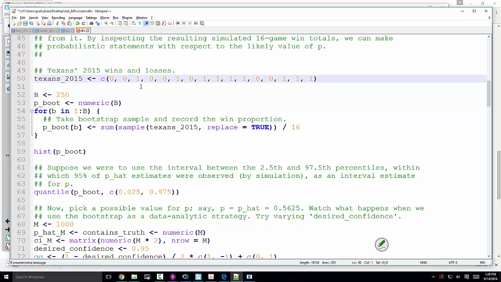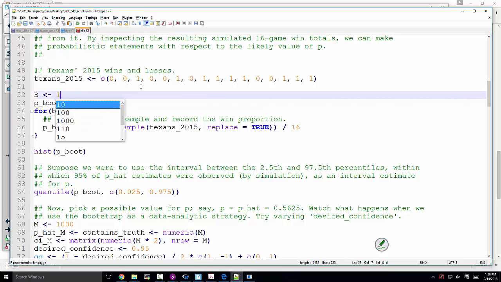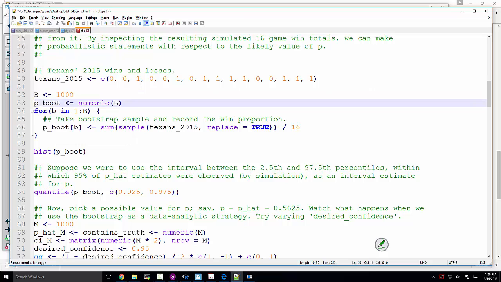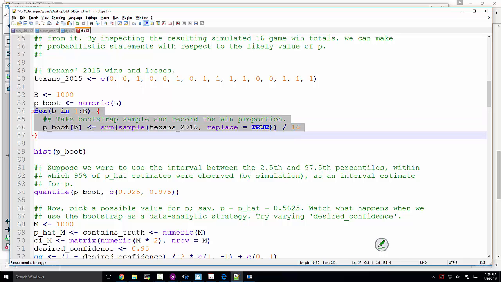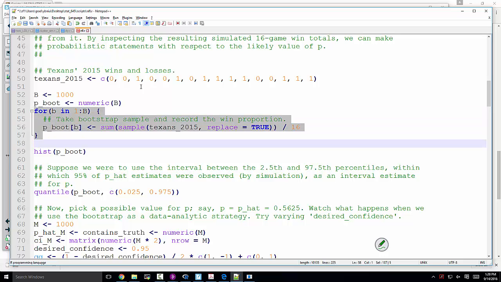So we're going to create Texans 2015 as our observed data. And let's increase this some. I'm going to make, instead of 250 bootstraps, let's do 1,000. And the essence of the bootstrap is inside the loop. So if you want to run an operation capital B times, you can put it inside a loop.